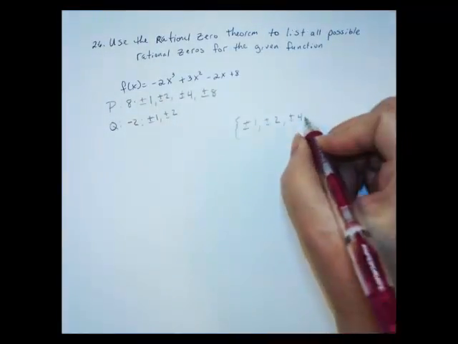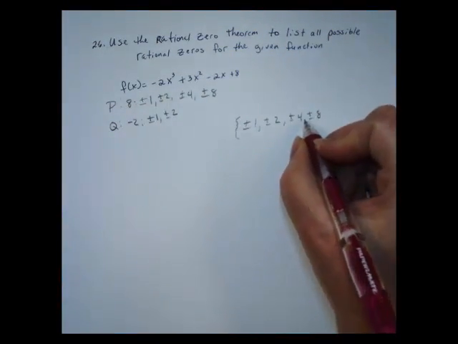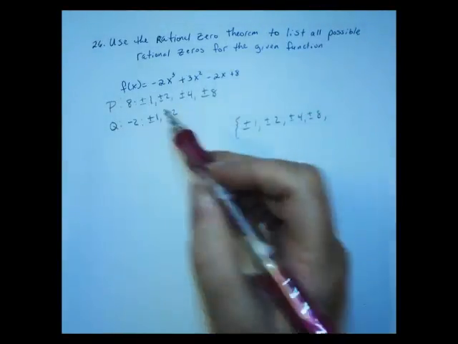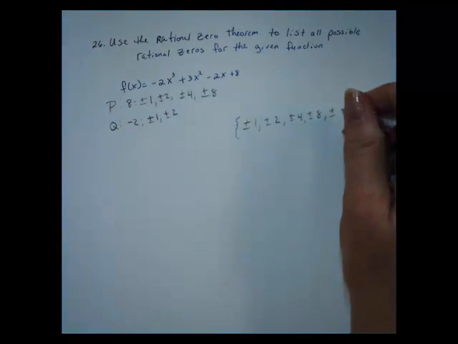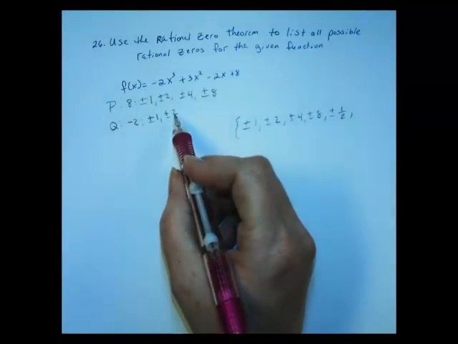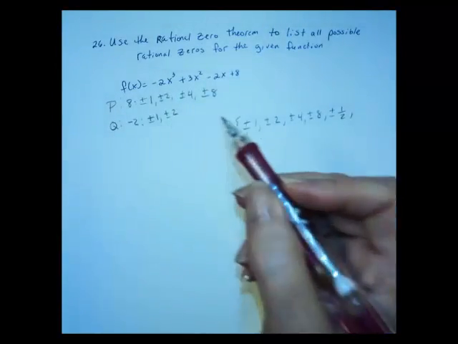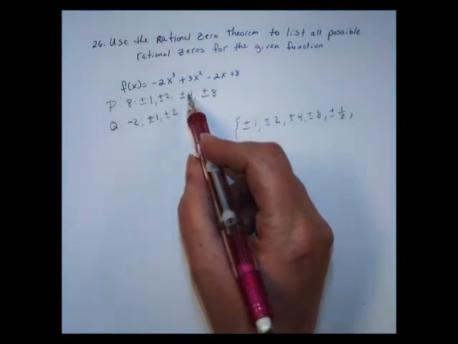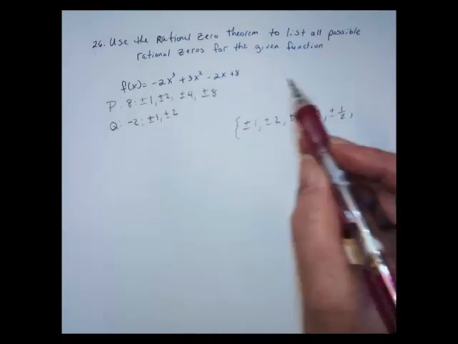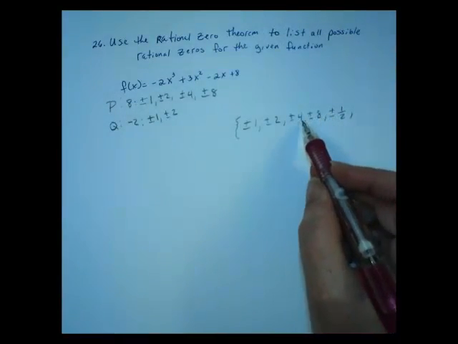And 8 over 1 will be plus or minus 8. Now we're going to take each of them and go over 2. So plus or minus 1 divided by plus or minus 2 will get us plus or minus 1/2. 2 over 2, well, 2 divided by 2 is 1. We already have that one. 4 divided by 2 is 2. And 8 divided by 2 is 4.